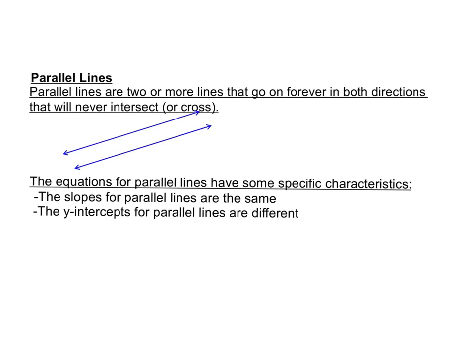When I have parallel lines, the equations have some very specific characteristics. First off, parallel lines have the same slope. That's really important. Parallel lines have the same slope, and the y-intercepts are going to be different.